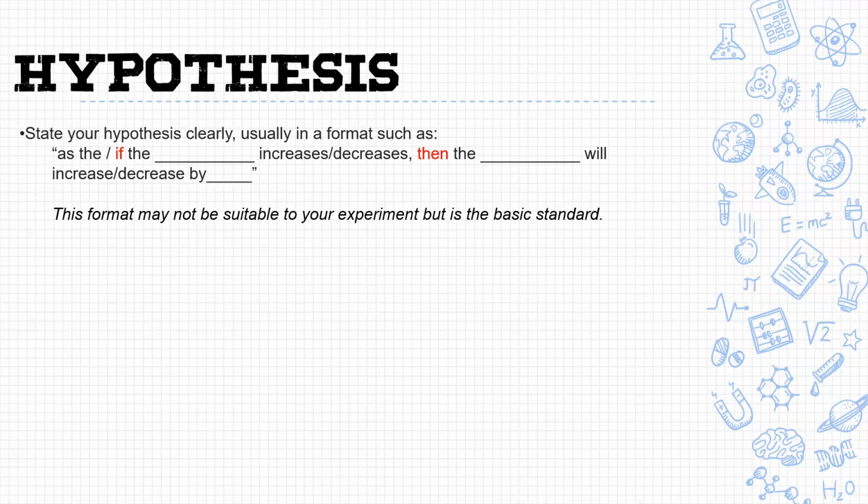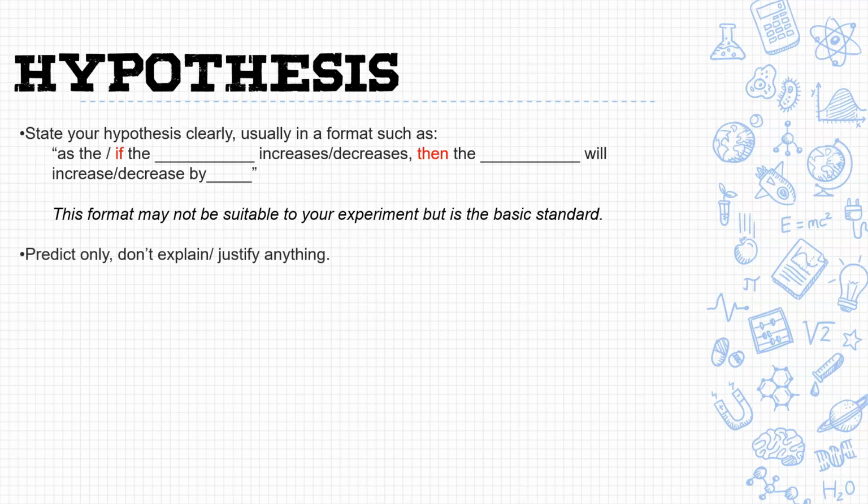So if we go back to our plant, if the volume of water increases, then the plant height will increase by a linear amount, or increase up to a maximum value, something like that.